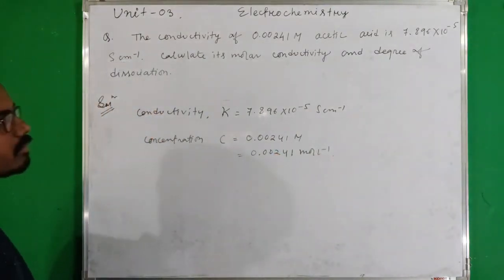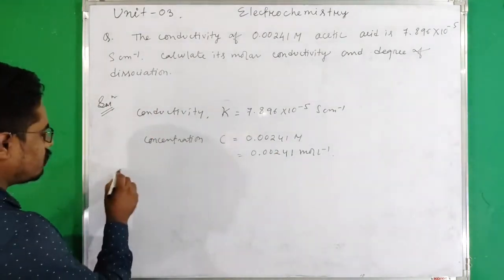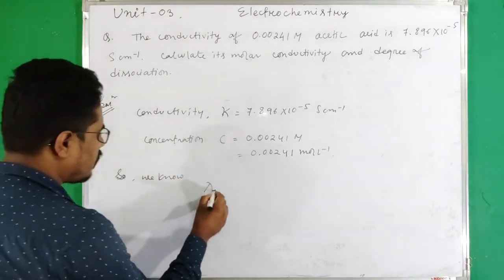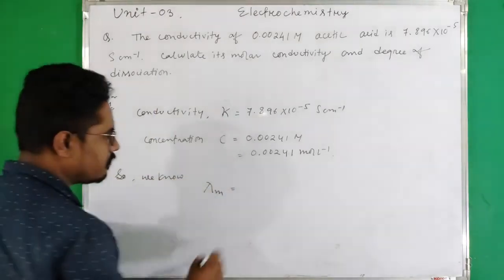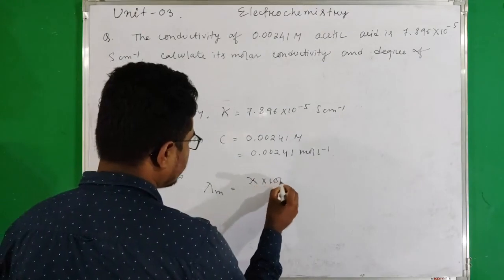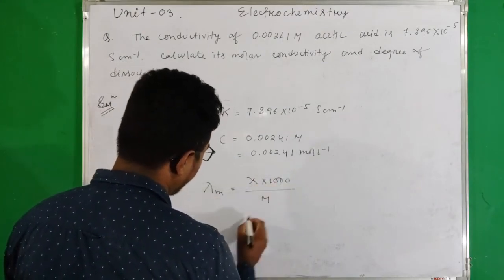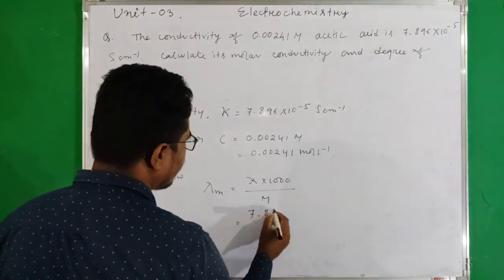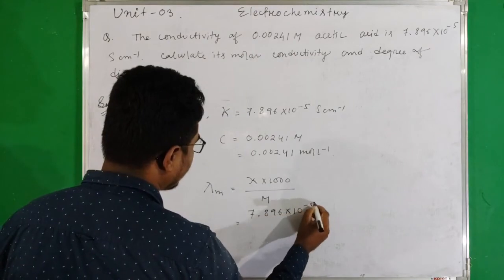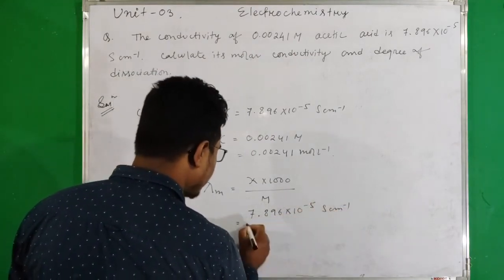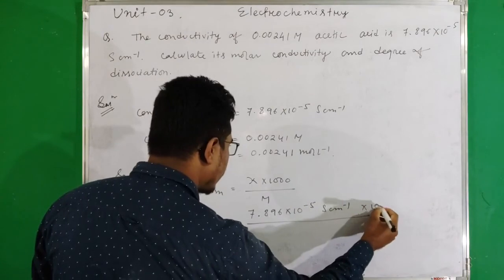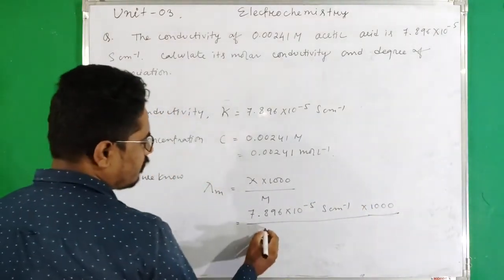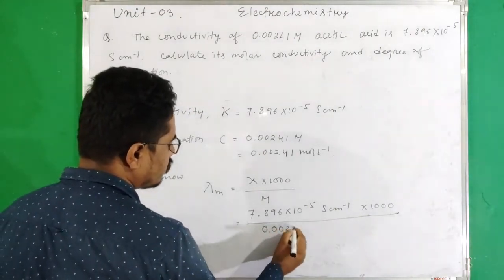Now we have to determine the molar conductivity. So we know Λm, the molar conductivity, equals kappa into 1000 divided by M. The value of kappa is 7.896 × 10^-5 Siemens per centimeter into 1000, divided by M, and the value of M is 0.00241.